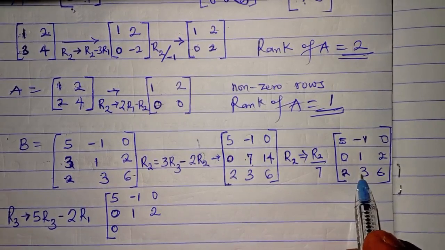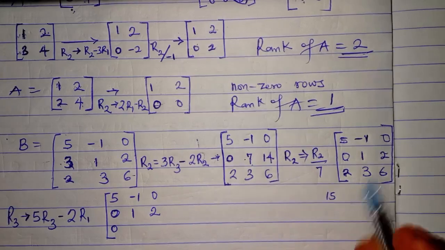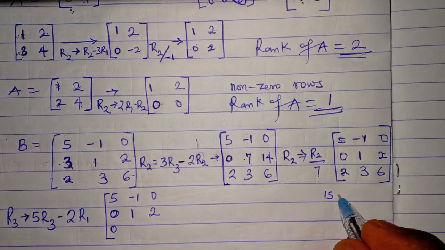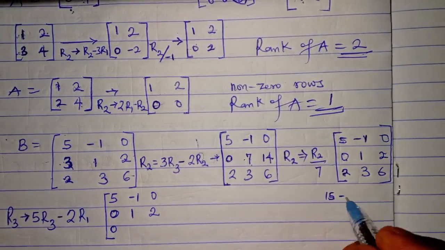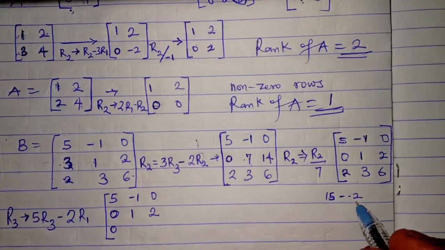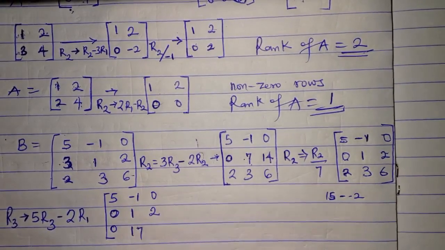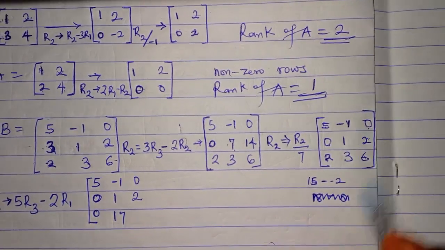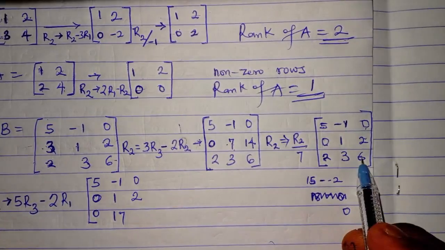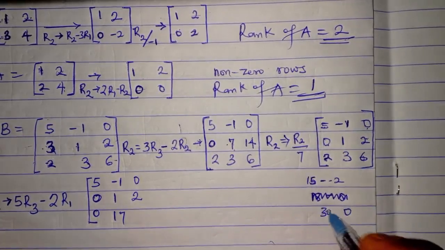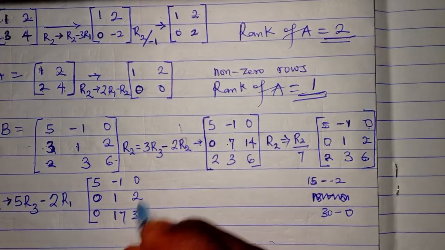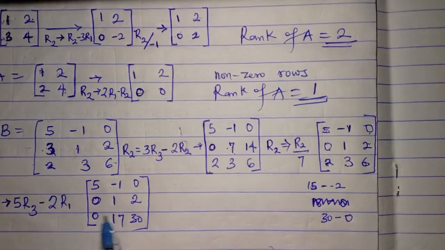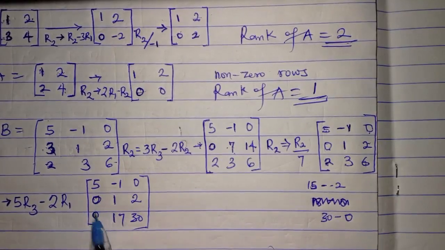Multiply this by 2, that's minus 2, so we are seeing 15 minus 2, and that's 17. Multiply this by 2, that will be 0. Multiply this by 5, that will be 30. So 30 minus 0 is 30. Good. So we have succeeded in making these two entries 0.